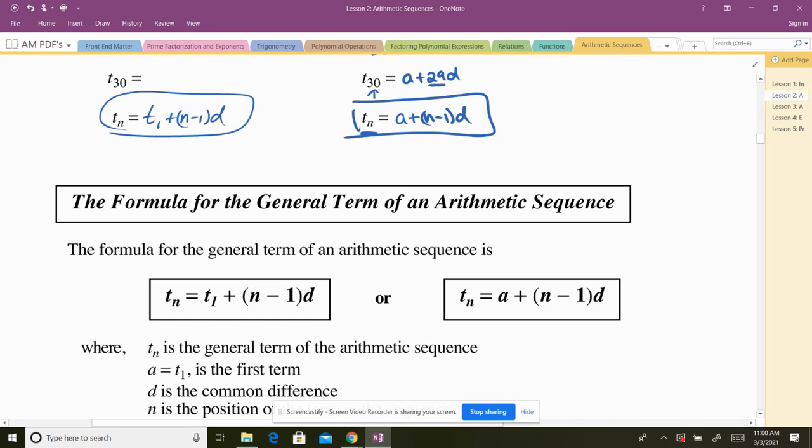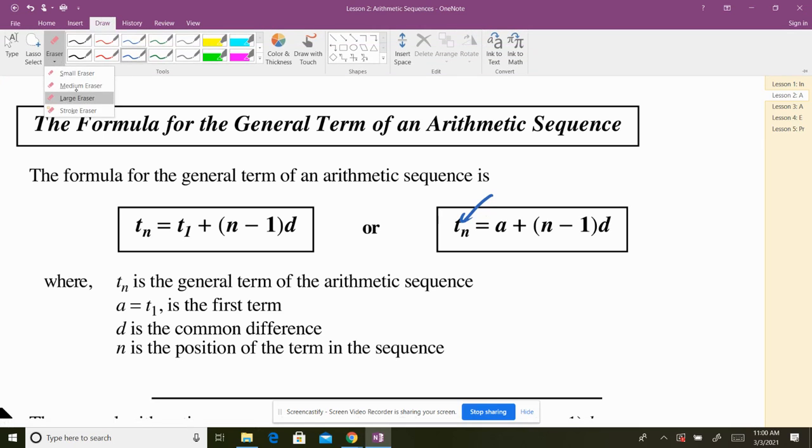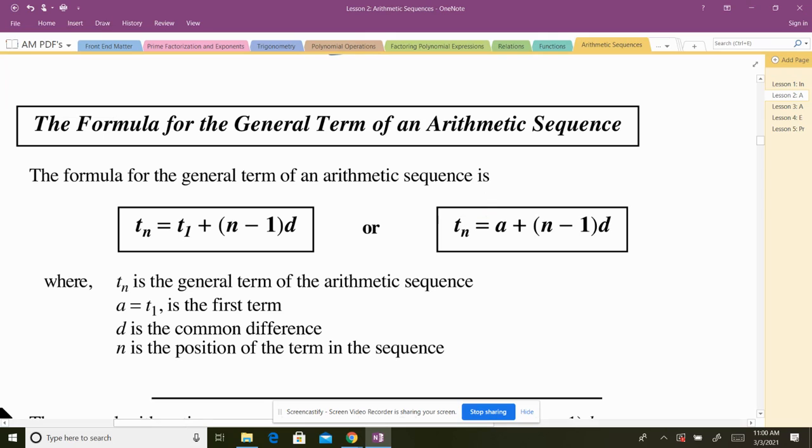Okay? All you need to remember is, let me erase that, n is the term number. So n is the position of the term in the sequence, i.e. the term number. A is the first term, or T1 is the first term, and we've already talked about that, and D is the common difference.